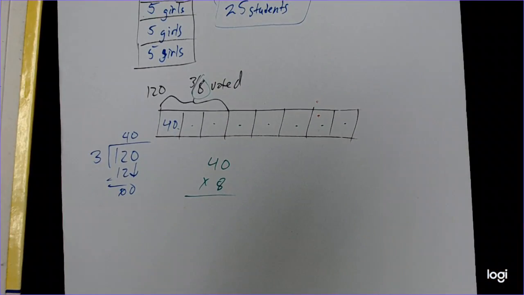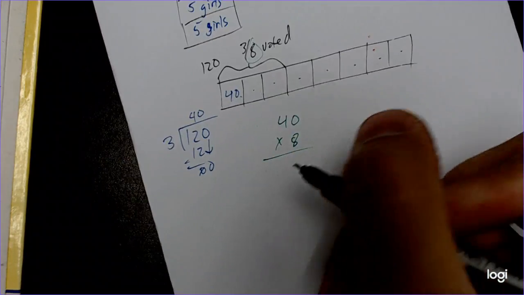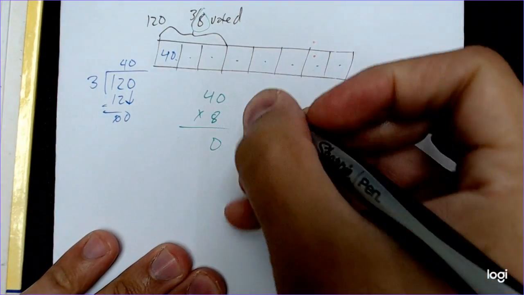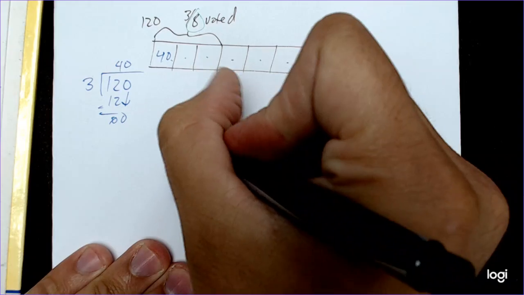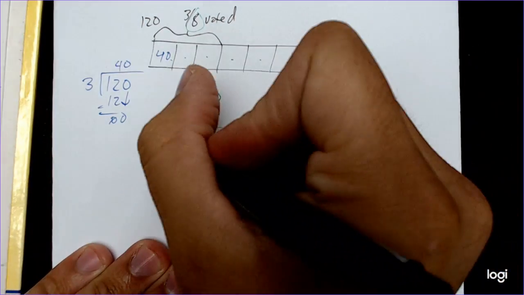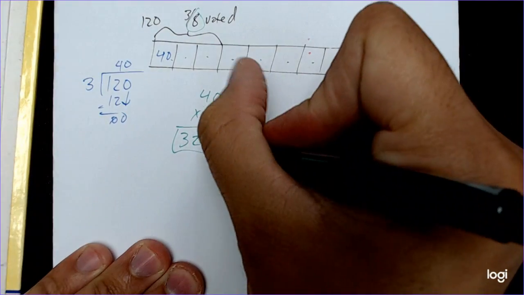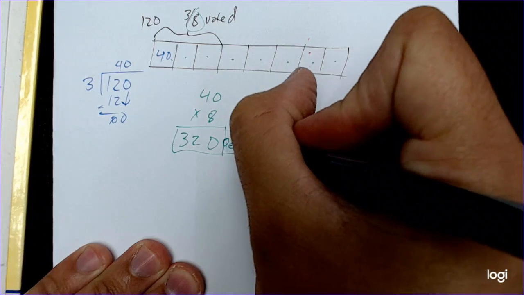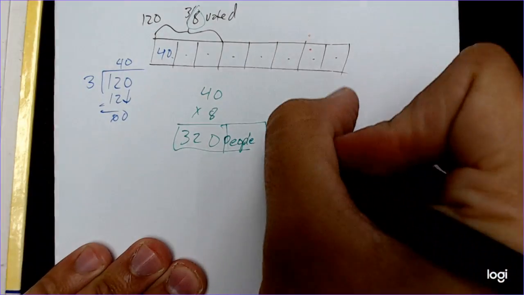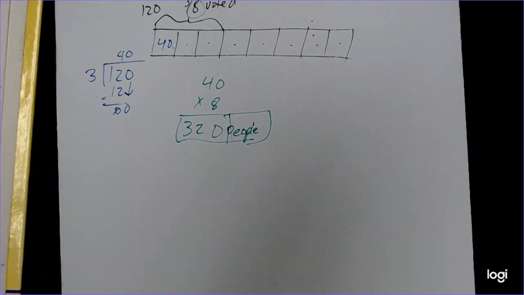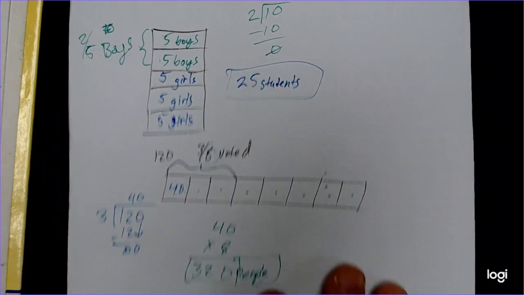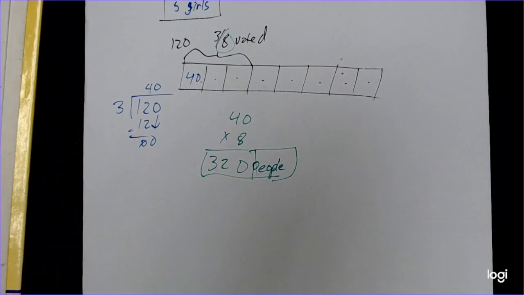Okay, so let's see here. That is 0, and then 8 times 4 is 32, so 320 people, 320 people. That is my final answer, right? So that's a faster way to do it without having to write all the labels. Once I figure out the value in one block, I can just multiply that by the number of blocks, okay?